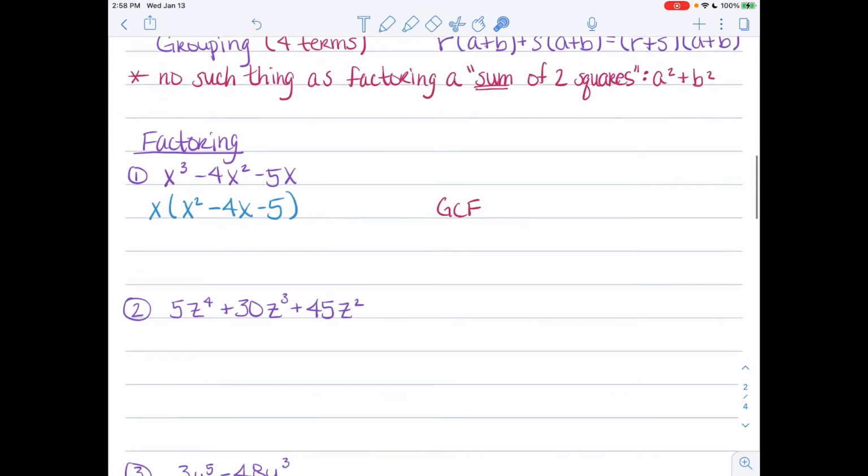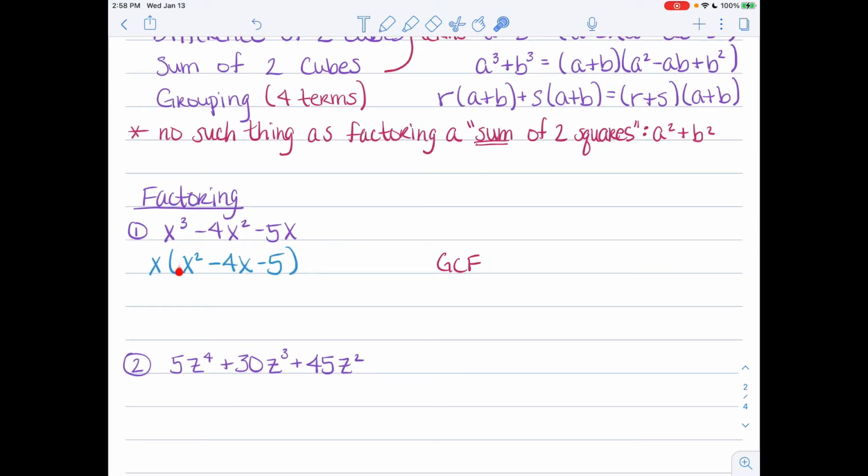We have an a value of 1, so that means that we can use the simple method of asking ourselves what 2 factors will multiply to be -5 but add to be -4. So let's go ahead and set this up. We know we'll have x's in the front, and -5 and +1 are the ones that are going to fit that criteria, -5 and +1. So that is just factoring a quadratic that we had left after we took out that GCF.